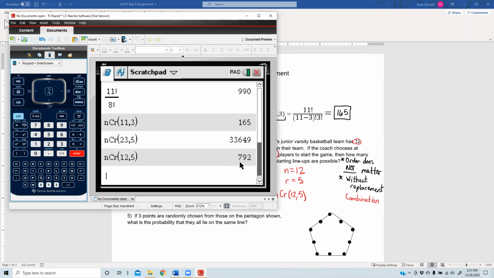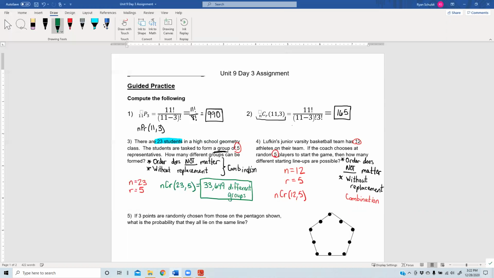It's going to be 792 different starting lineups.